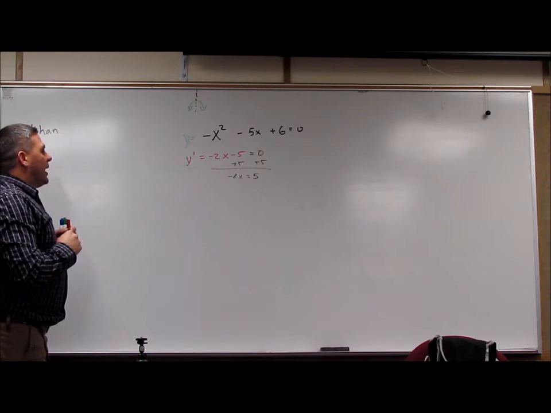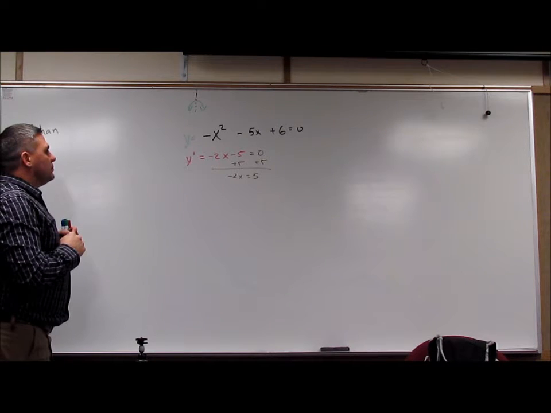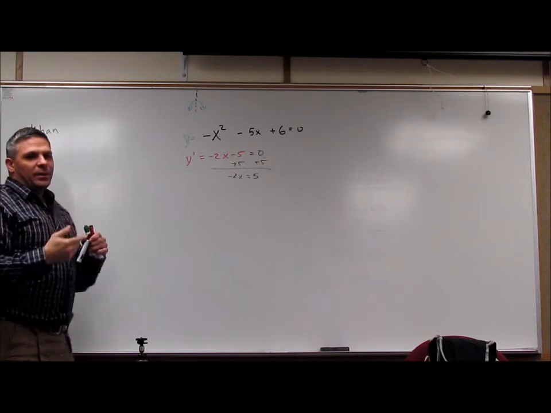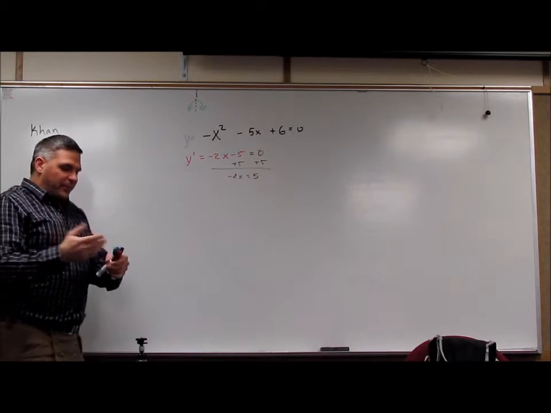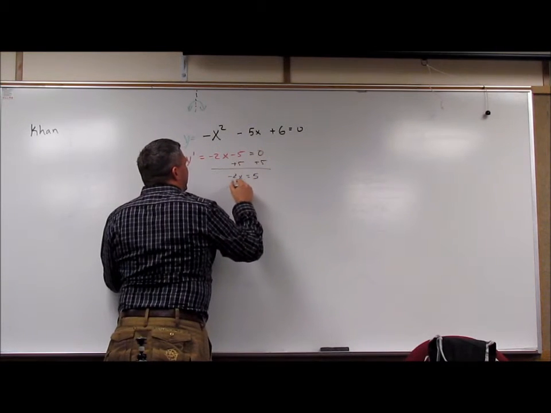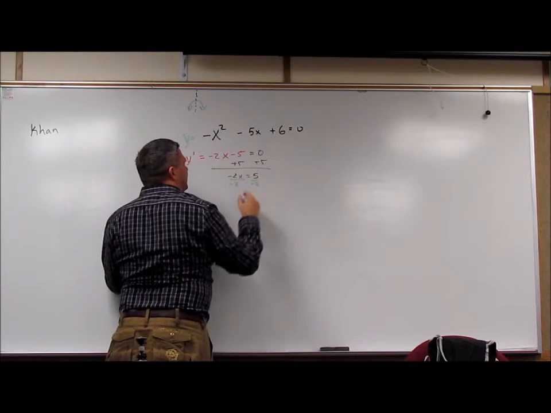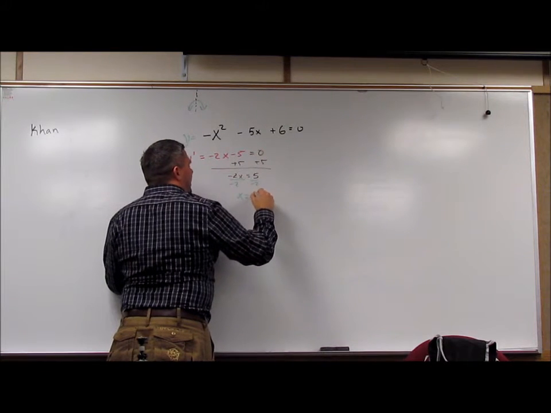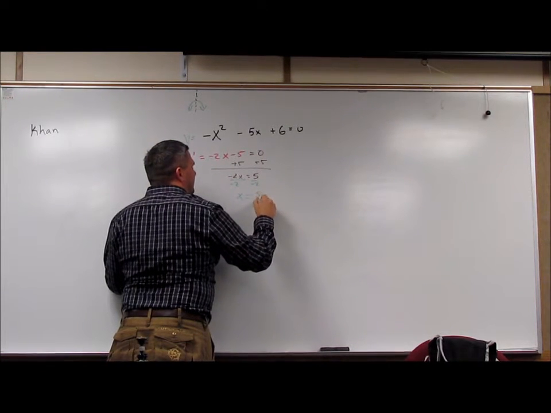Okay? And so now when I solve for x, then I'm going to divide by a negative 2 and divide by a negative 2, and I get x is equal to 5 over negative 2.